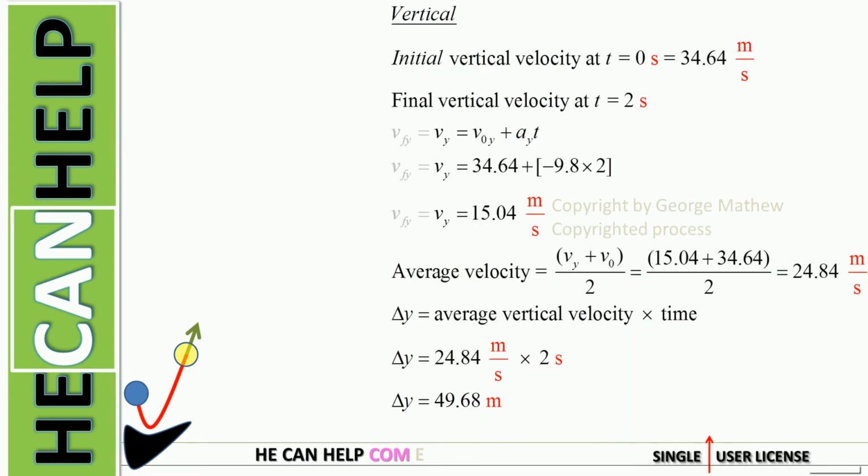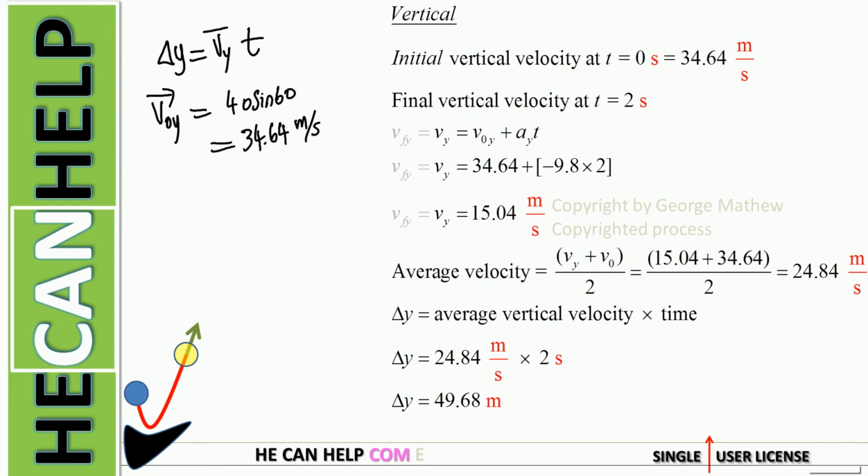Another way of doing it is, change in y is equal to average velocity along the vertical times time. We know the initial velocity along the vertical, 40 sine 60, which is 34.64 meters per second.